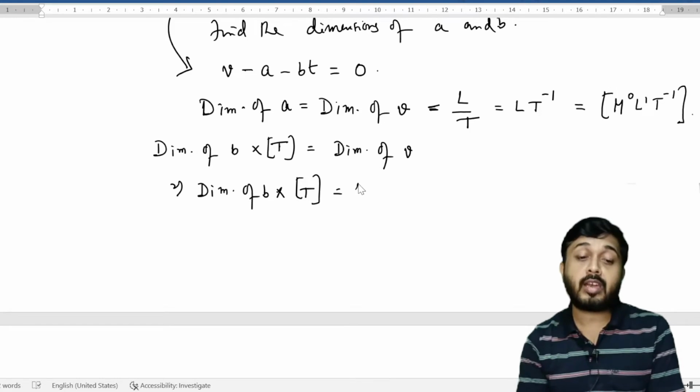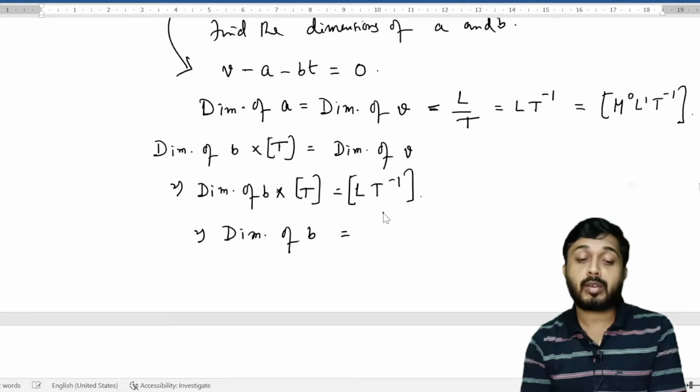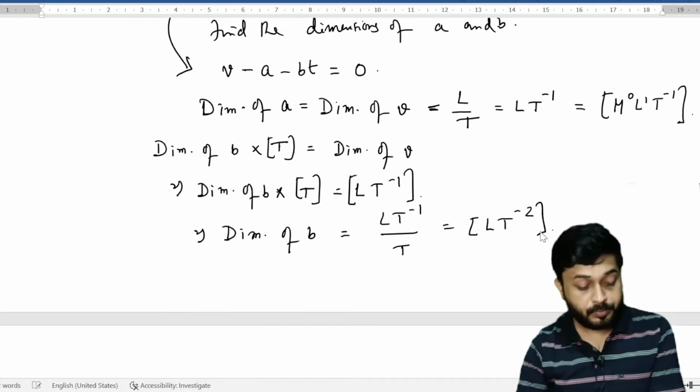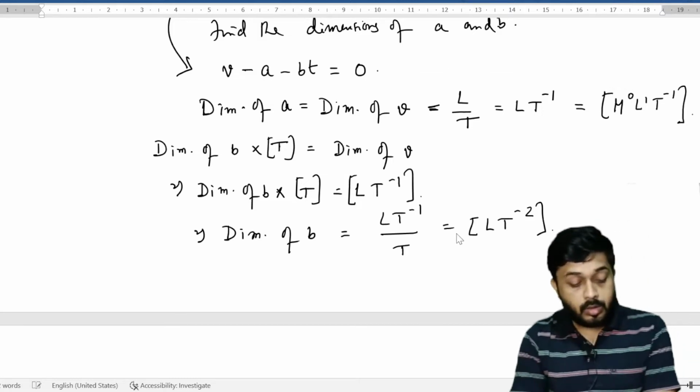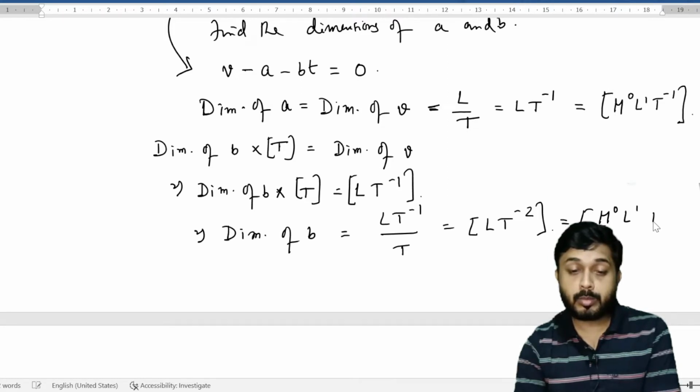Tell me, LT to the power minus 1, isn't it? Then finally dimensions of B is coming out as LT to the power minus 1 divided by T, that is LT to the power minus 2, isn't it? Yes, that is what the dimension of B is coming out as. That is, we may write it M to the power 0, L to the power 1, T to the power minus 2. Is it clear?